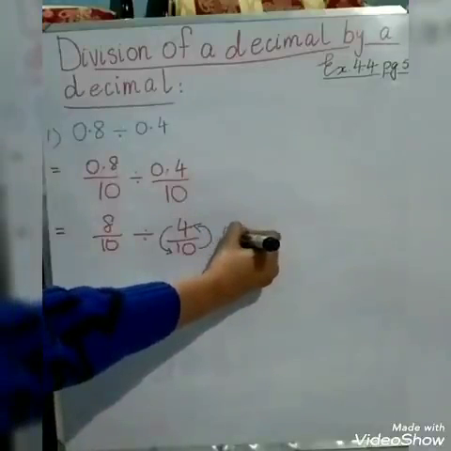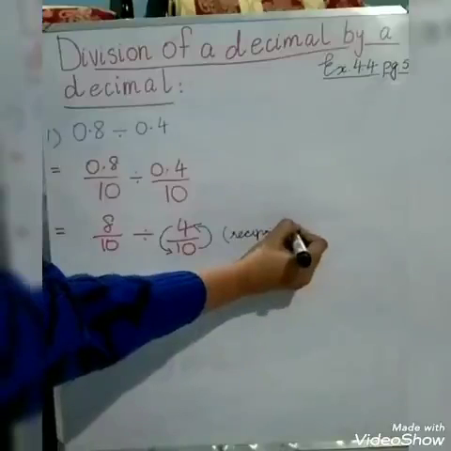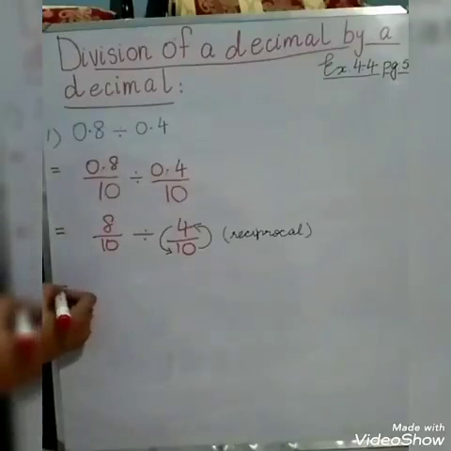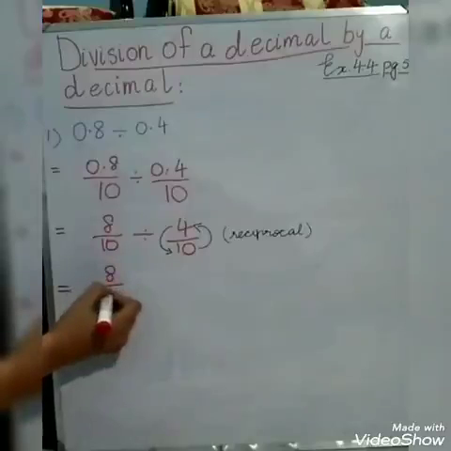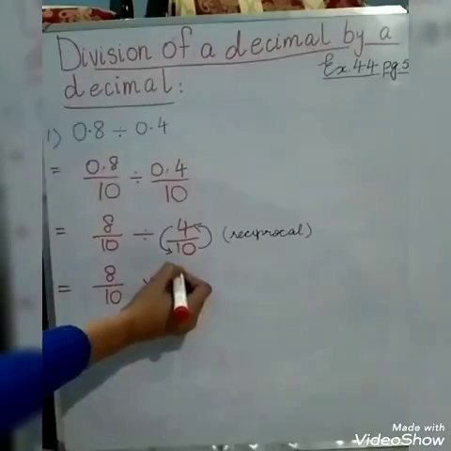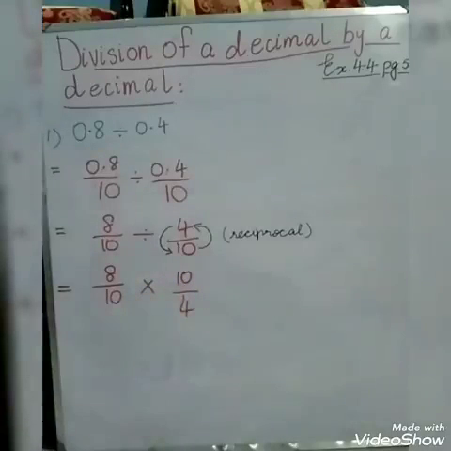So basically here you are going to take the reciprocal. This means that we will be getting here 8/10, this changes into the sign of multiplication, and this will be written as 10/4. Right?